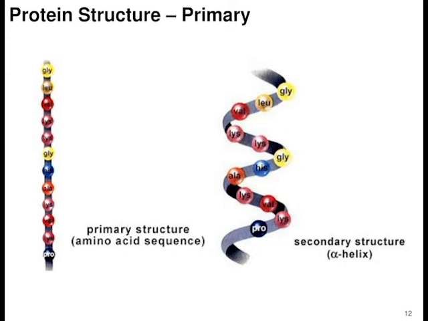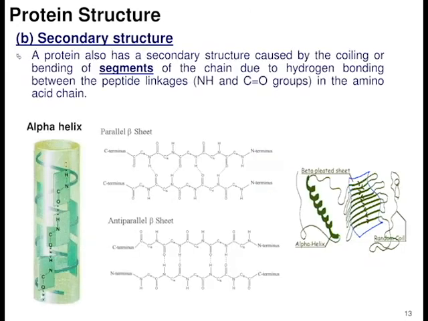When hydrogen bonding takes place on the peptide backbone, listen up, the secondary structure is formed when hydrogen bonding takes place within the peptide backbone. You see this is the peptide bond. So if hydrogen bonding takes place between the peptide linkages of adjacent chains, then you will create secondary structures.